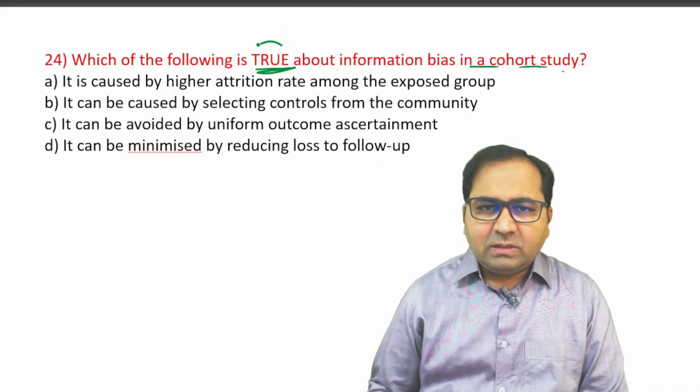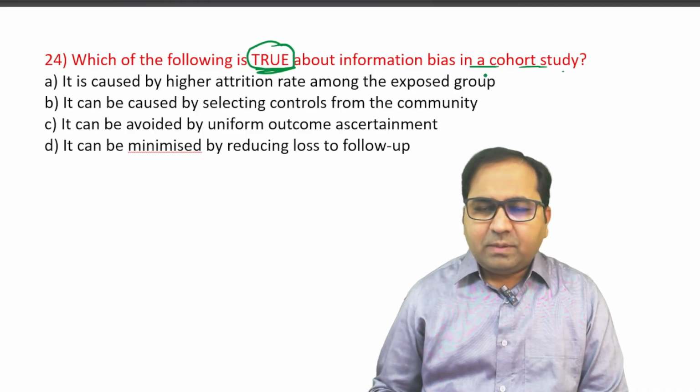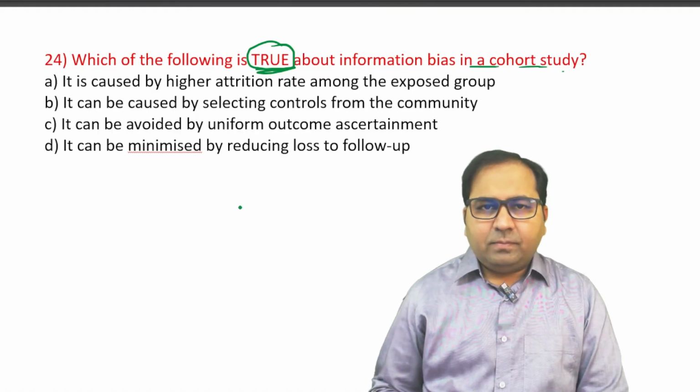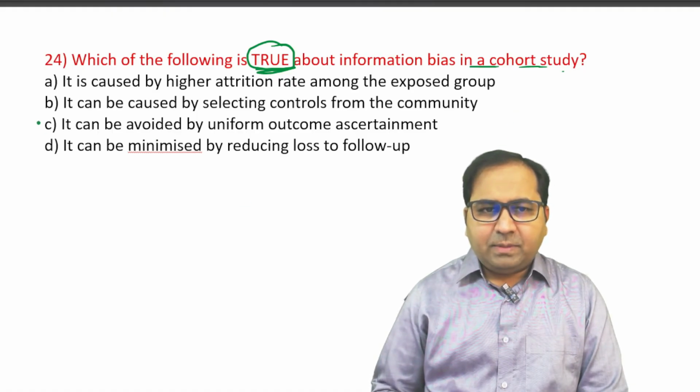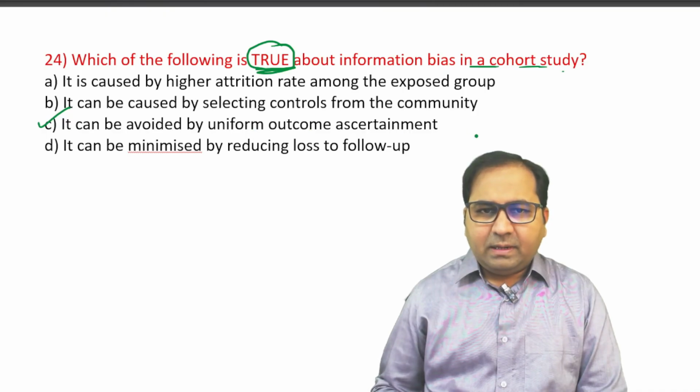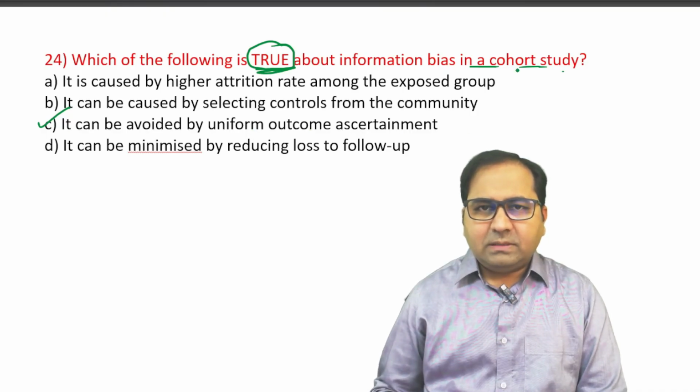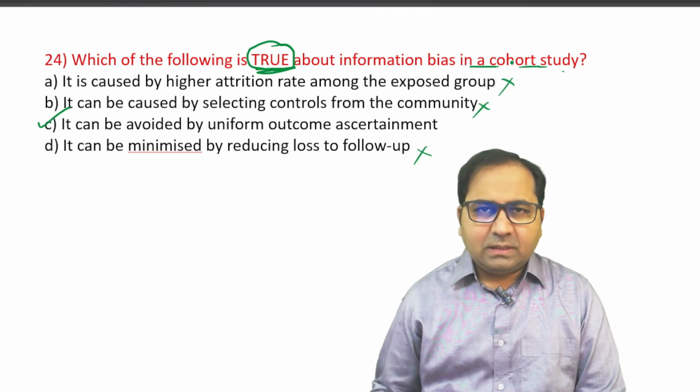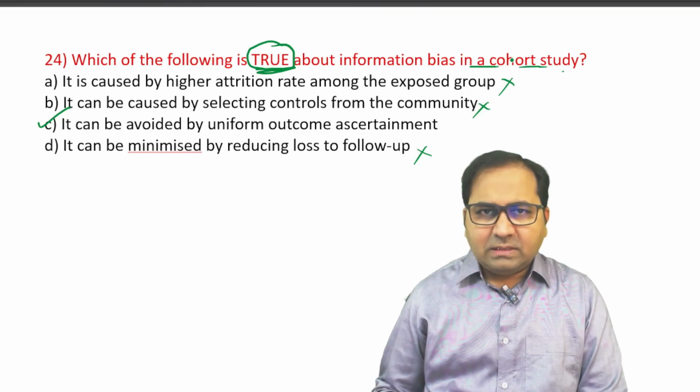So which of the following is true about the information bias in a cohort study? The answer for this question is option number C, that it can be avoided by uniform outcome assessment is true about information bias in a cohort study. Rest of the statements are false statements when pertaining to information bias in the cohort study. Please remember the answer for this question.